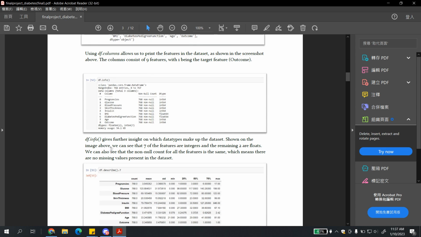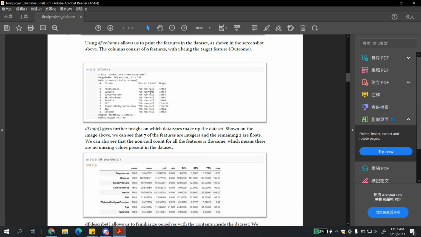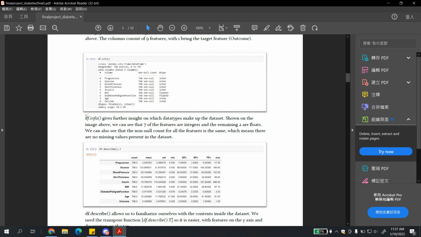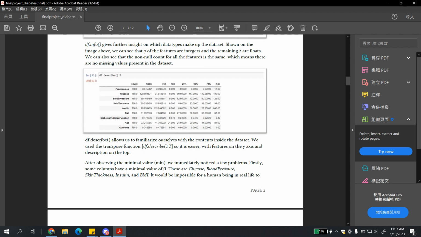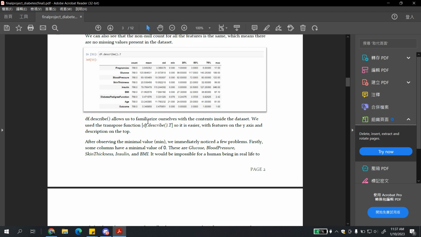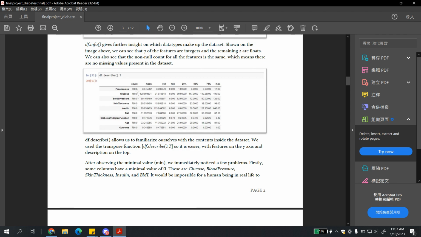The outcome is the target feature that we are going to use. These are the data types inside. We have no missing values. That's good. About the data itself, we can use df.describe.